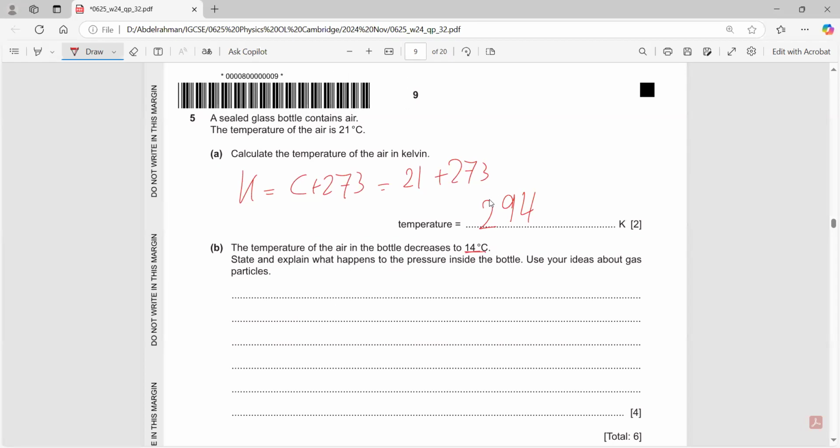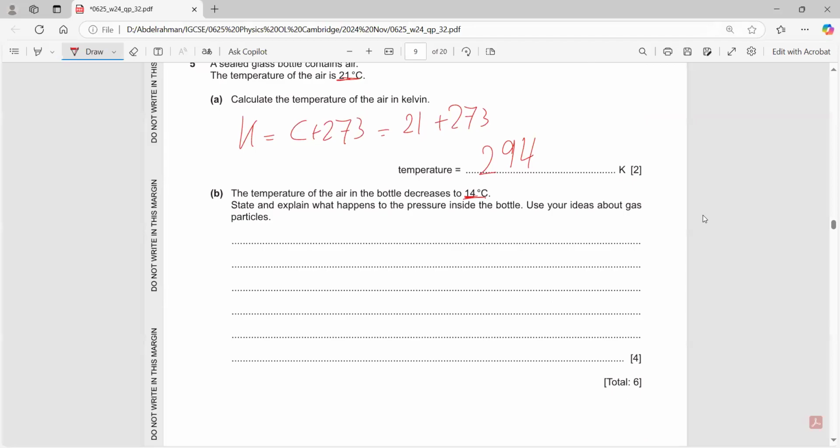When the temperature initially was 21 and it decreases to 14 degrees Celsius, what happens to the kinetic energy? First of all, you think about the kinetic energy. So you have to say that the kinetic energy decreases. So the molecules are moving slower.